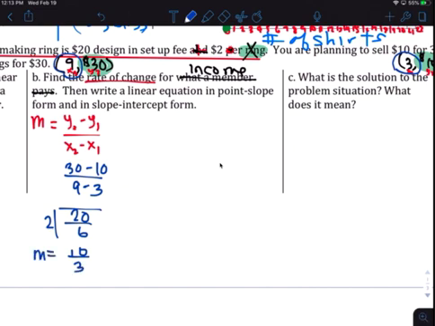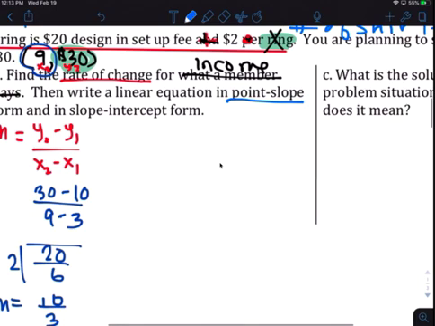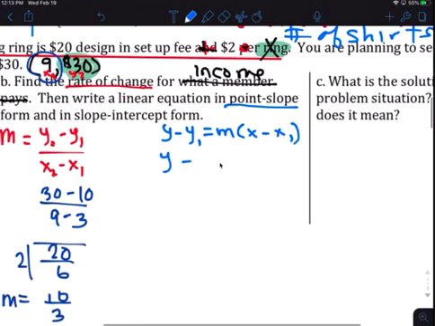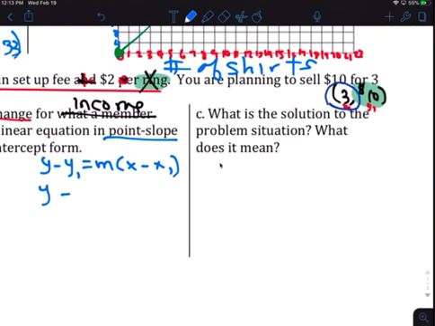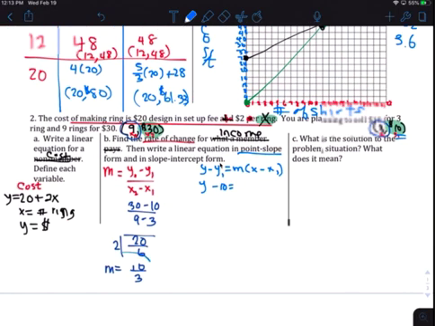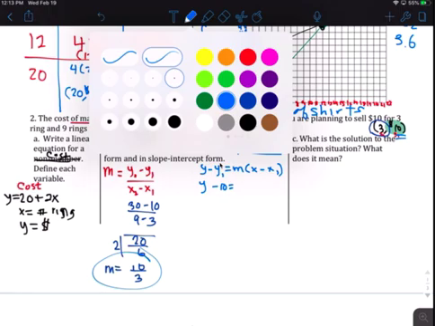Okay. After you do that, it says to write an equation in point slope form. Point slope is y minus y sub 1 equals m parentheses x minus x sub 1. So y minus, y sub 1 is 10, equals m. M is the 10 over 3.